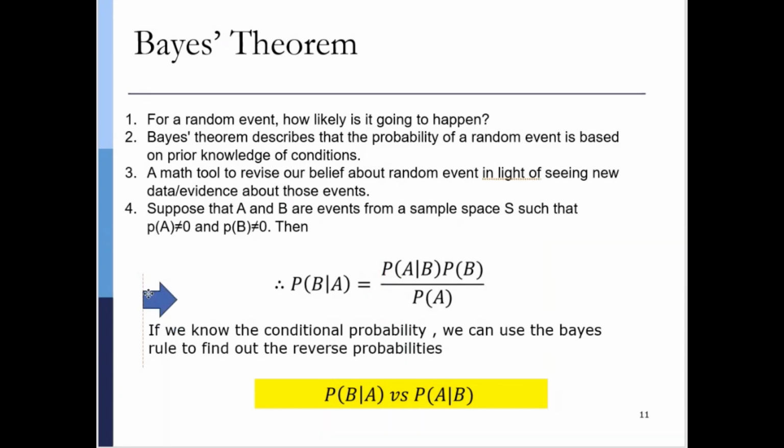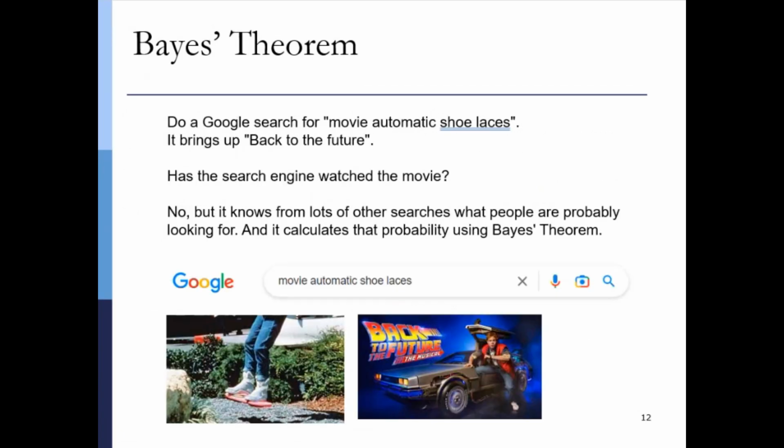If you know the conditional probability, you can use the Bayes rule to find out the reverse probabilities. The reverse, see, P(B|A) versus P(A|B). Are you following me? I'm not going to explain this. I think you can read this. One example application of using Bayes' theorem is in Google search.